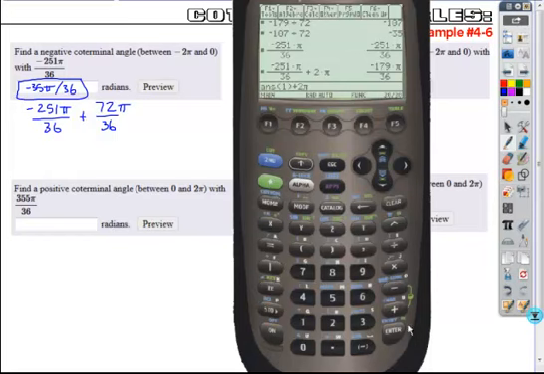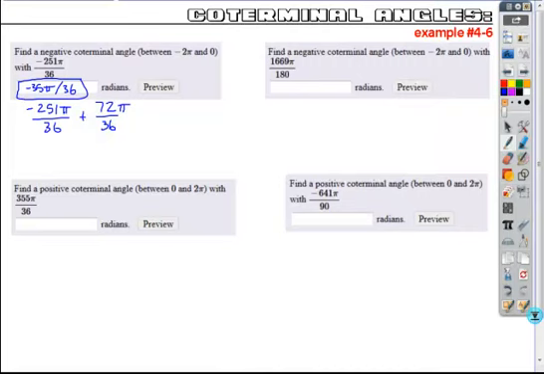So I can add another 2 pi, add another 2 pi. Again, I get my same answer, negative 35 pi over 36. So being familiar with what fractions you need it to fall between is going to help. But if you just work with the numerator and just work with the rational form, it should be easier to work through.